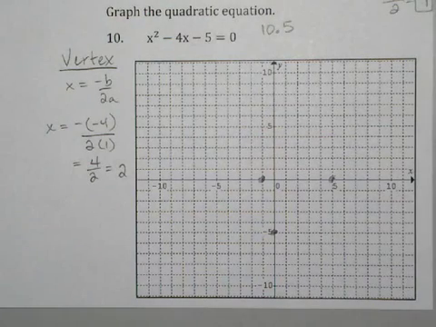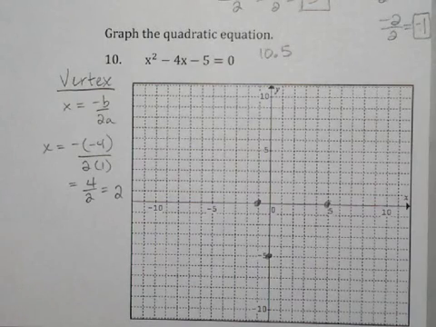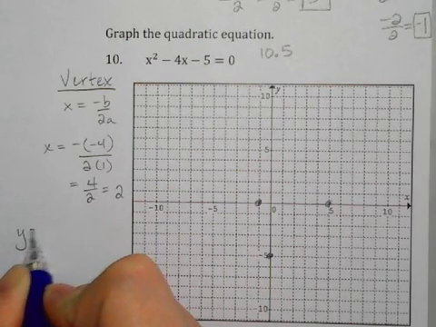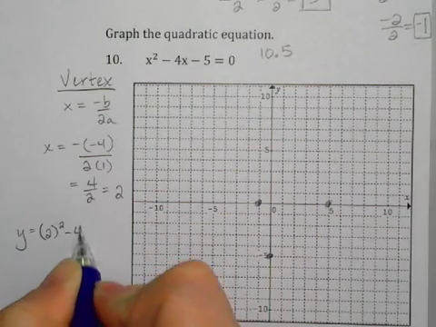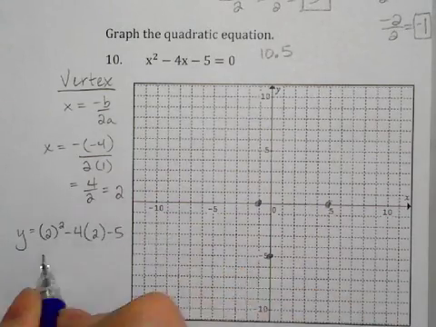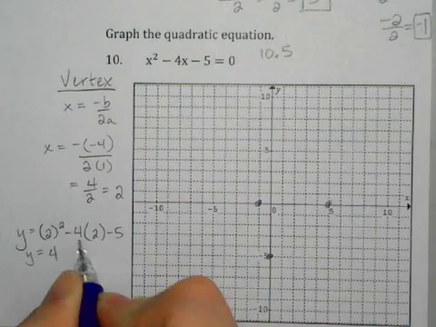Once you know what x is, then you can plug that back into the original equation to find y. So, you take y equals 2 squared minus 4 times 2 minus 5. 2 squared equals 4.